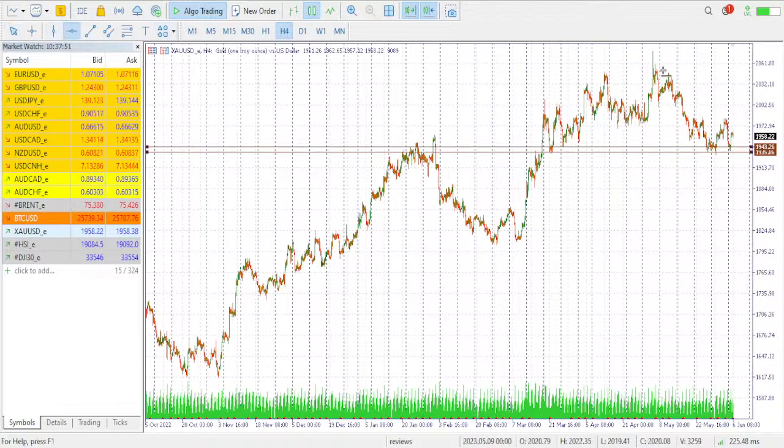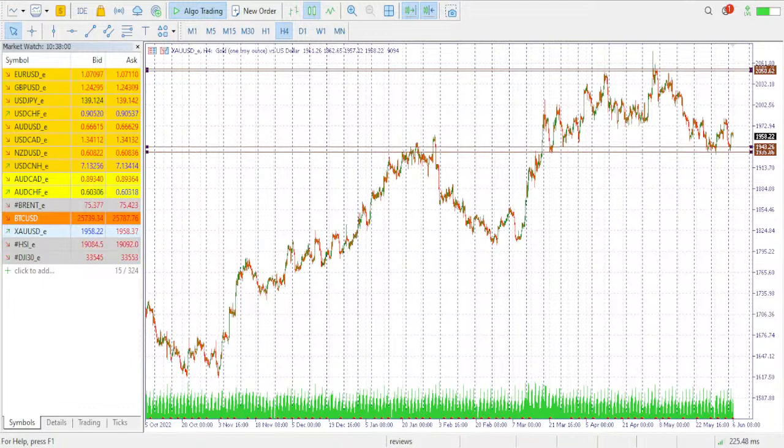We will expect that the buyers will push us upwards towards this level here. So it's a good buy within these lines. We expect the buyers to push price upwards with a target at this price here. Then we have a stop loss fixed below the low of this candle here.